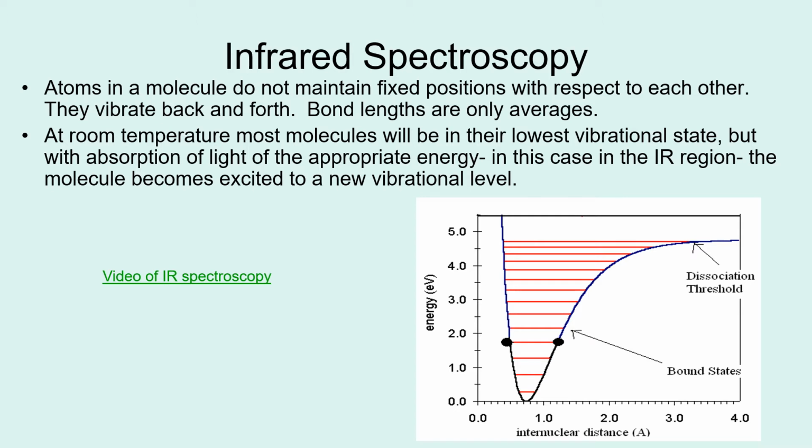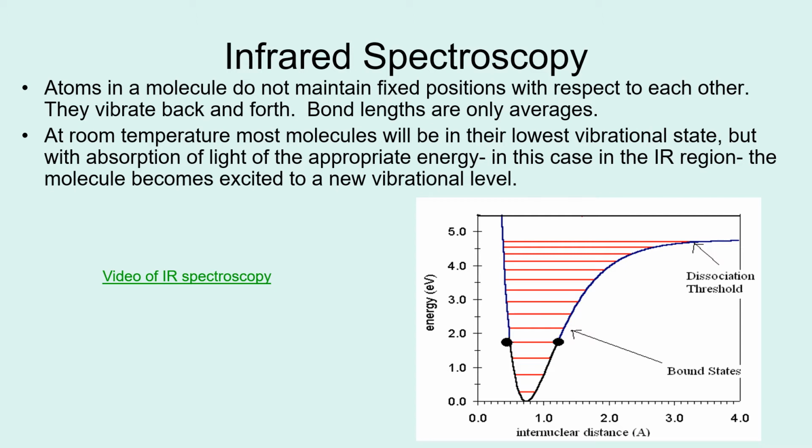So what this picture is showing is that bond lengths are not fixed, and so if this happens to be a molecule here, the atoms are going to be bouncing back and forth. We often talk about an average bond length, that a carbon-carbon bond has a particular bond length. But generally speaking, they're bouncing back and forth sort of like a spring.